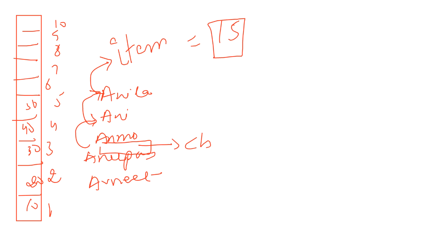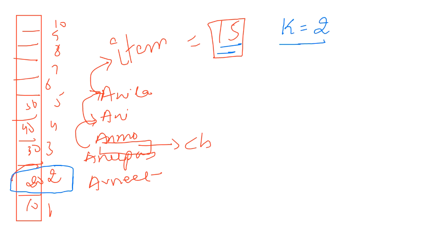Similarly, let me change the color. I want to insert 15 at this position, which is the highlighted one. Means if I say that I have to insert the 15 at kth position and my k is equal to 2.